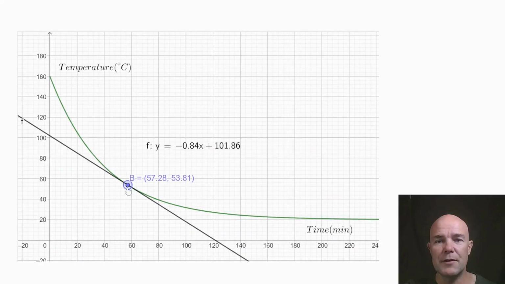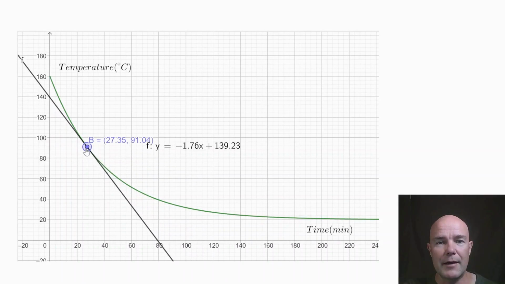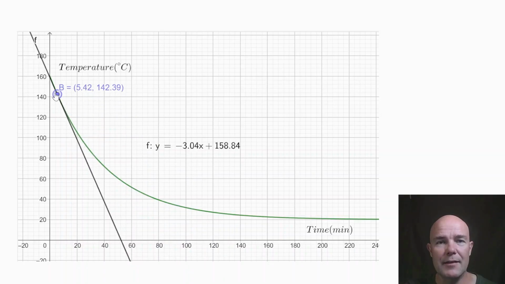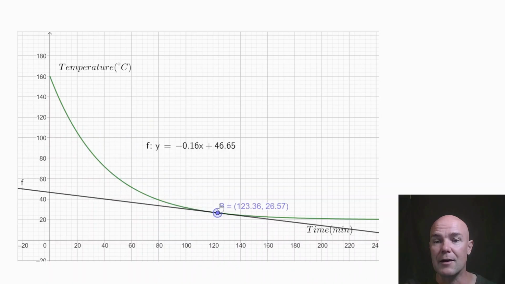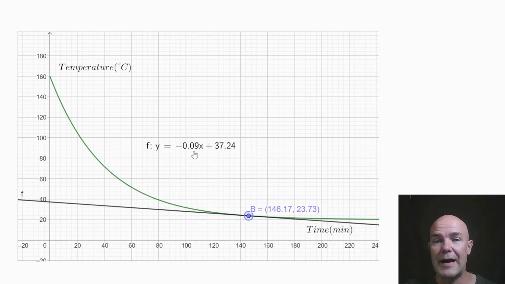And as I move this point towards the beginning, we can see that the value of this gradient is more and more negative, meaning the temperature of this cake is dropping faster when time is here in the beginning. So here, the temperature of this cake is dropping roughly 3 degrees per minute, but as time goes forward, you can see that how fast the temperature is dropping is actually getting smaller.